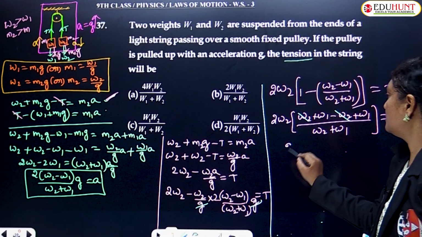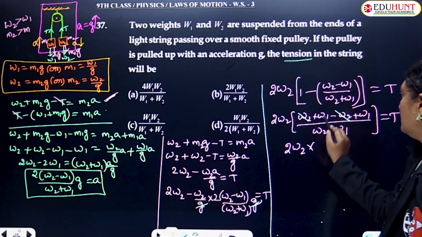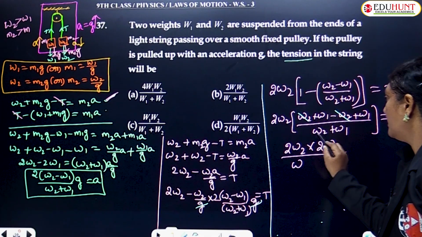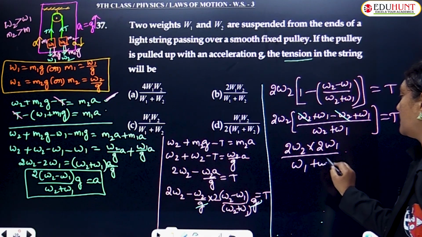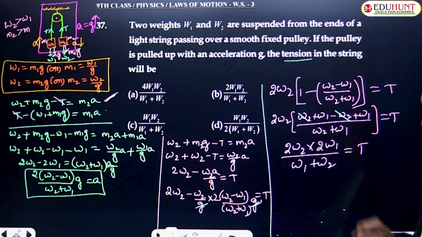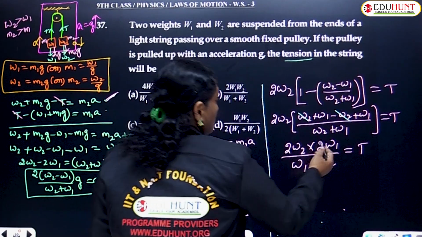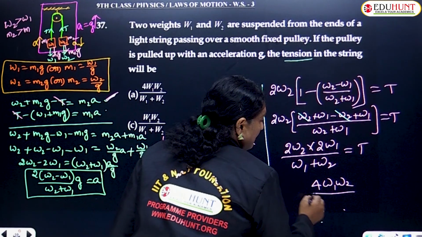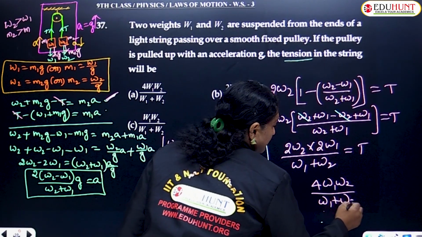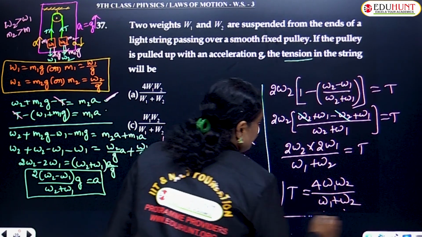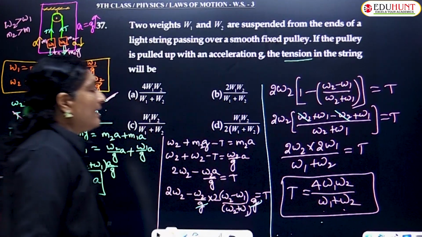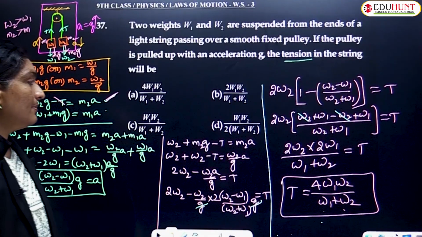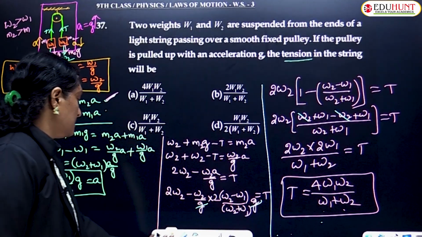This is 2W2 into W1 plus W1, again 2W1. In the denominator we have W2 plus W1, which can also be written as W1 plus W2. 2 into 2 is 4. This is W1 W2 upon W1 plus W2 is the value of T. So what is the value of T, children? T is found to be 4 times W1 W2 upon W1 plus W2.